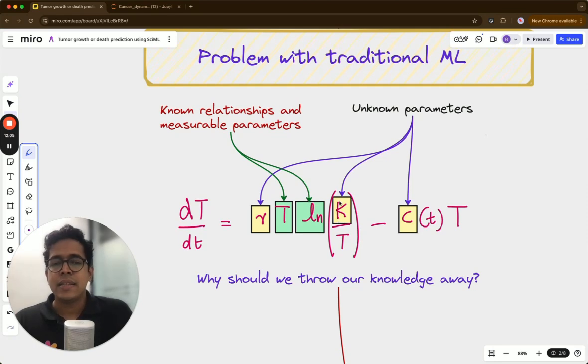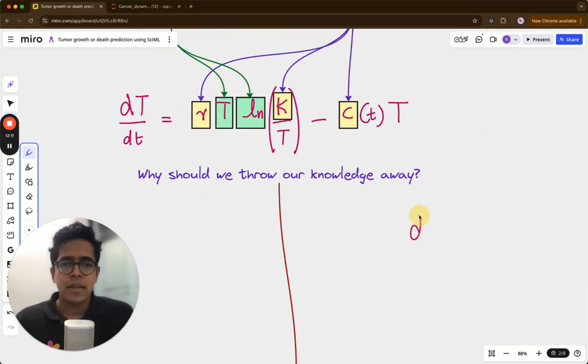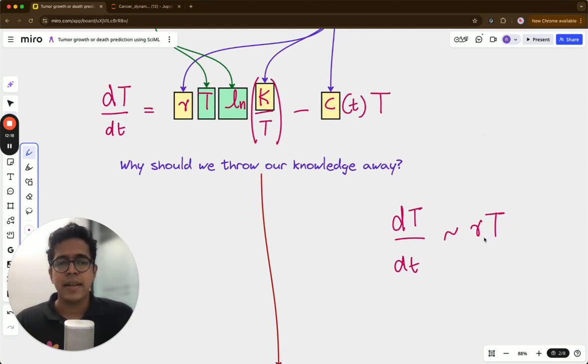So initially, when the tumor size is small, you can approximate dT/dt by dT/dt = rT. You can approximate it like this. So there is a meaning associated with having the rT term and having the ln(K/T) term.